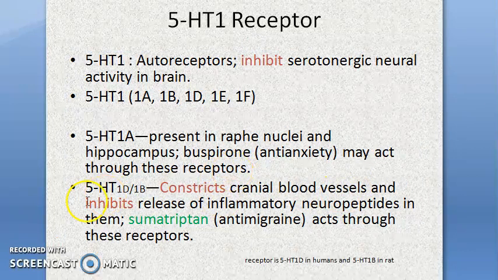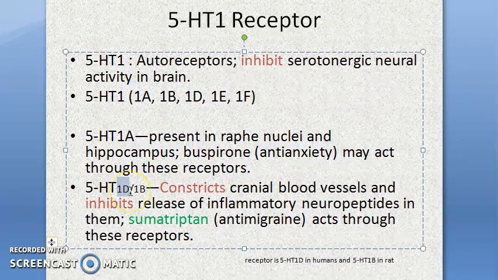No need to break your head. 1D is what it is called in humans and 1B is what it is called in rats. So, this is the receptor it is going to work on. Sumatriptan is an agonist of this receptor, and hence it constricts cranial blood vessels as serotonin does.